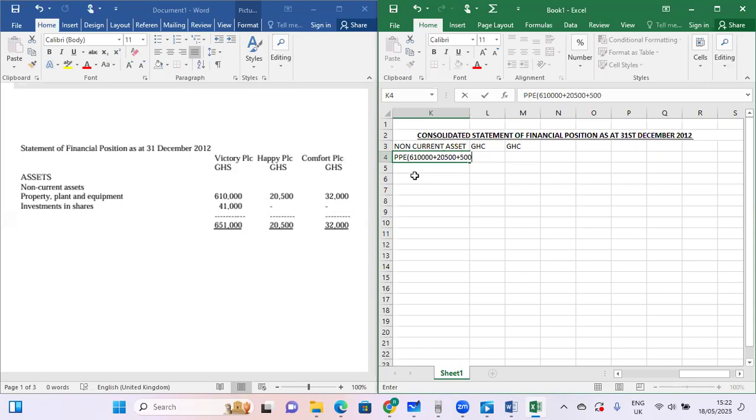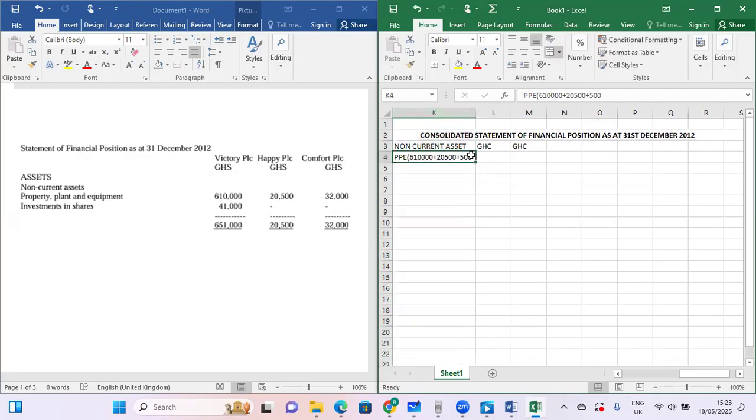We have to increase it here as well. So you see, without even doing any workings, you can get at least two ticks. This is just the addition of this and this.